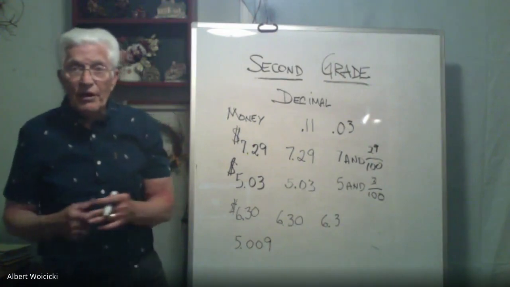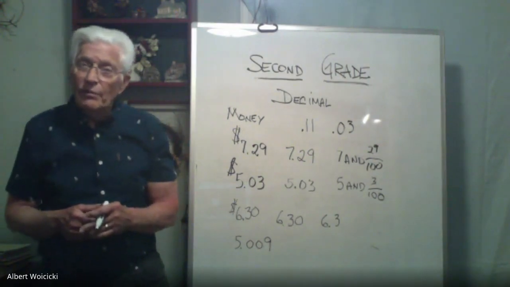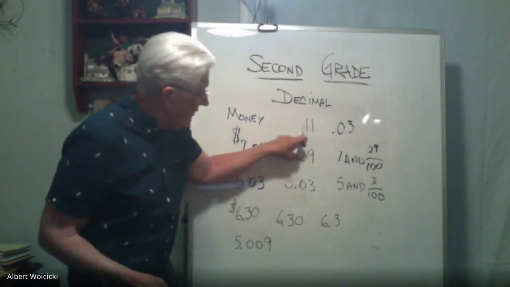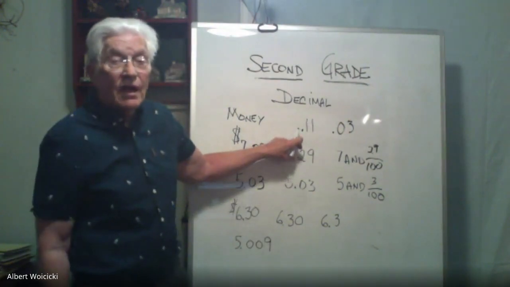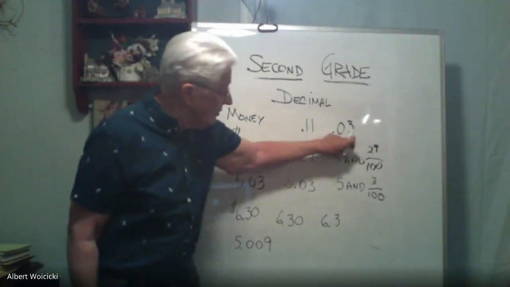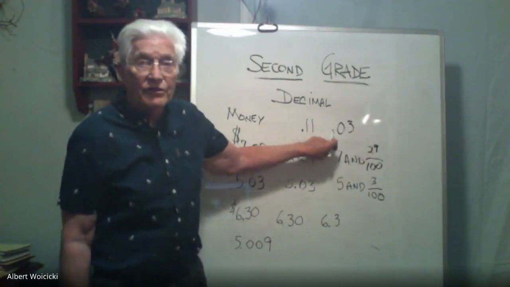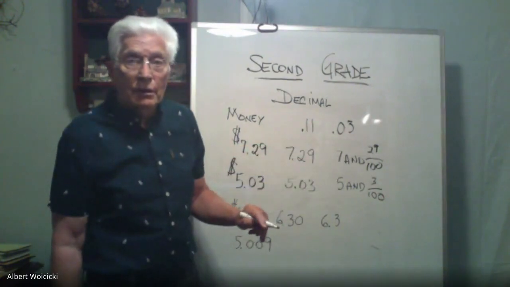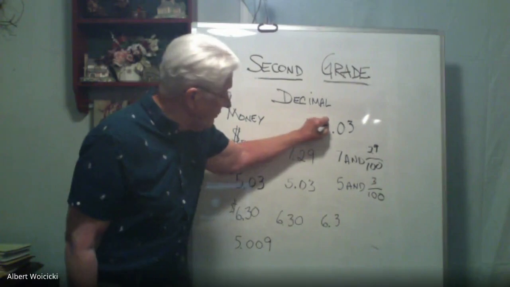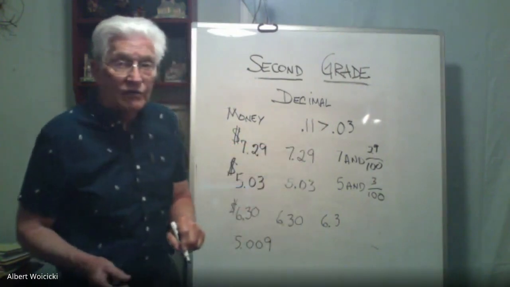So that's got to be bigger. But let's read it. This says 11 what? 11 hundredths. This says what? 3 hundredths. It is bigger. So we know that 11 hundredths is bigger than 3 hundredths.